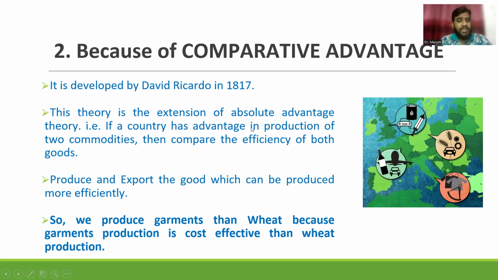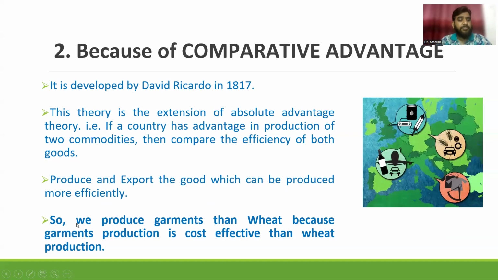Now, if Bangladesh has the opportunity to produce two commodities, then Bangladesh will produce the one which has efficiency. That means if a country has advantage in producing two commodities, then compare the efficiency of both goods. Produce and export the goods which can be produced more effectively.